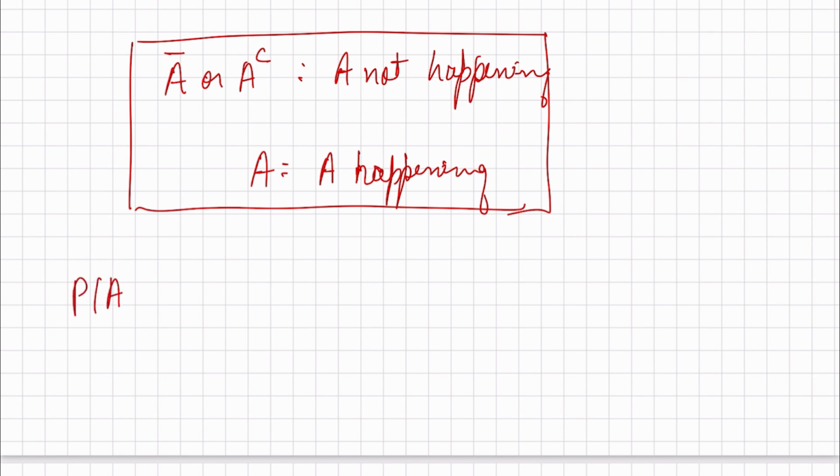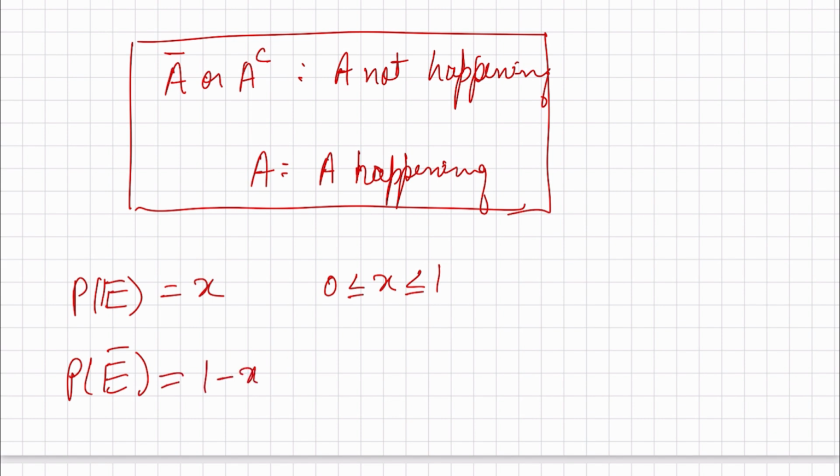Because if you talk about any event, let me change the event here. So let's say there's an event E, and it's a different event. If we know the probability of E is, let's say, X, and by definition X has to lie between 0 and 1, then the probability of E not happening is going to be equal to 1 minus X. And you could also think like this: probability of E plus probability of E not happening is going to be 1.